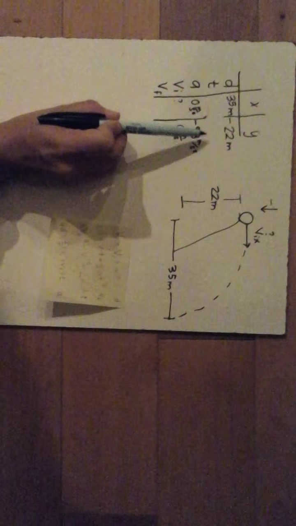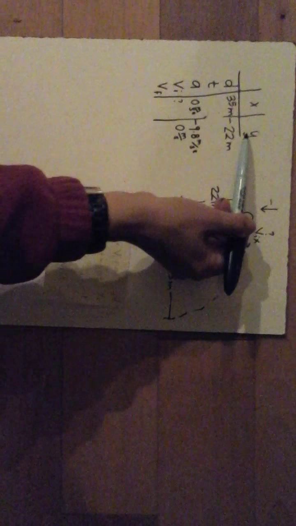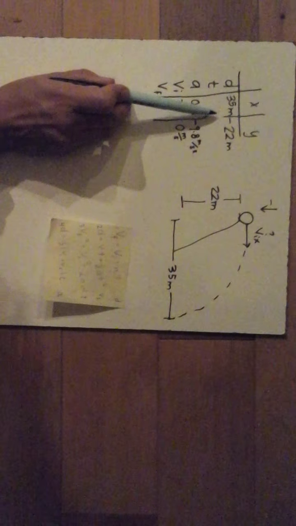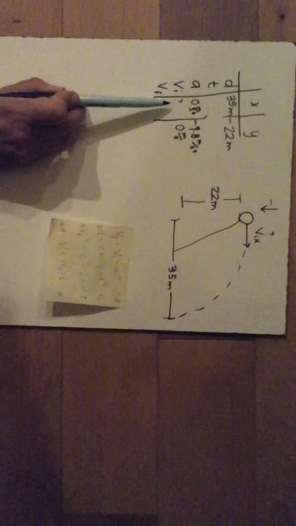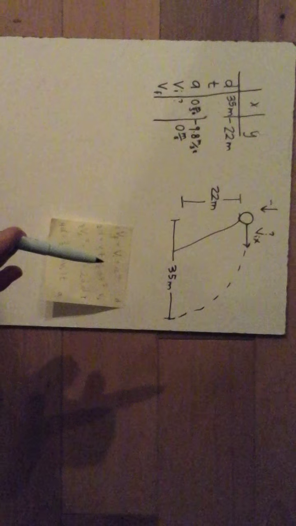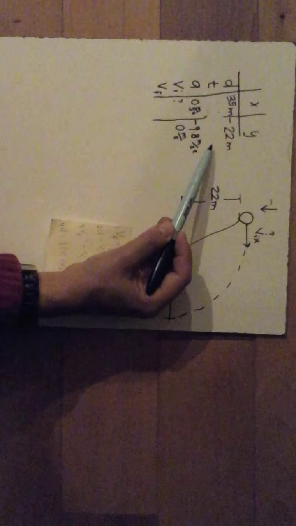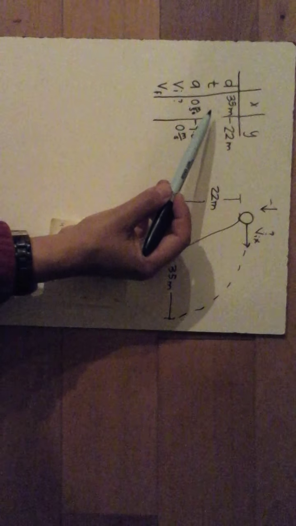Time can't be divided into an x and a y. Time is just time. So if I can find the time in the y direction, then I can use that to give more information for x to be able to find the initial x velocity. So that's what I'm going to do. My first step is going to be to find time and then use that time to find my initial x velocity.